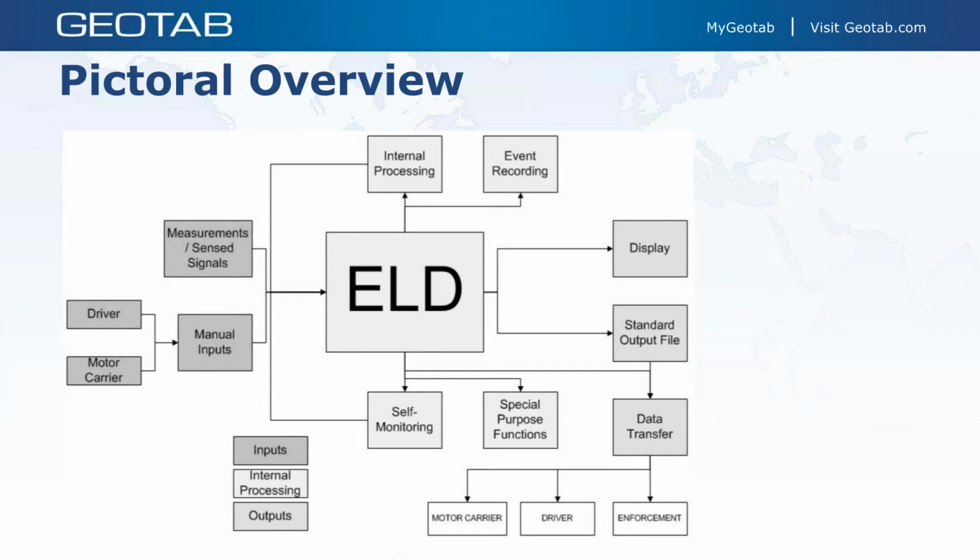So display is the display to the driver to allow certain prompts and things like that. There's the standard output file, and this is where it'll be transferred over to an officer during a DOT inspection. It'll be shown to the driver, and it can be sent to the motor carrier as well.